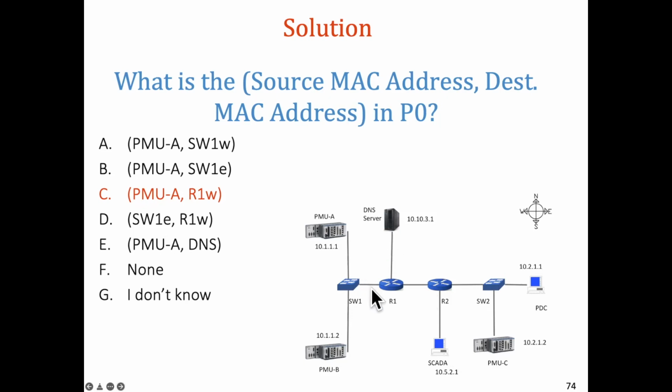We observe a packet here, so we pass the bridge. I thought it was equal for PMUA to send to the switch of the router. It knows that it goes from the switch to the router. That's correct, but after the switch, the destination is the router itself.